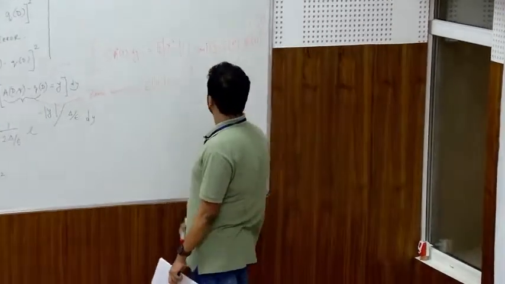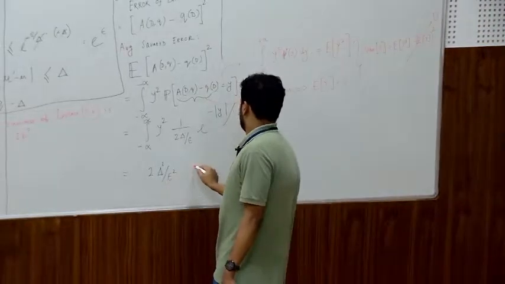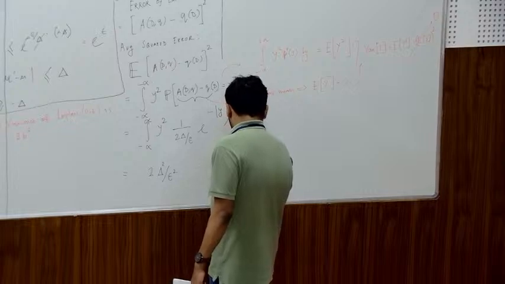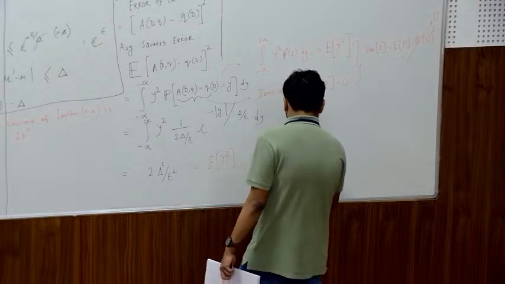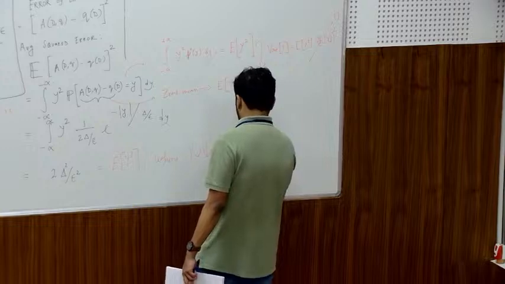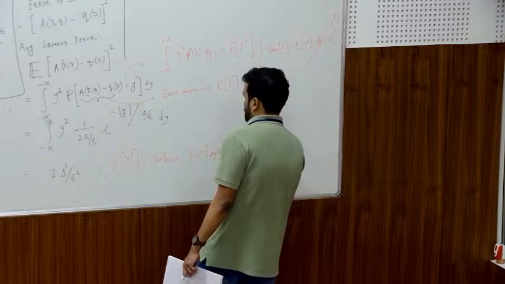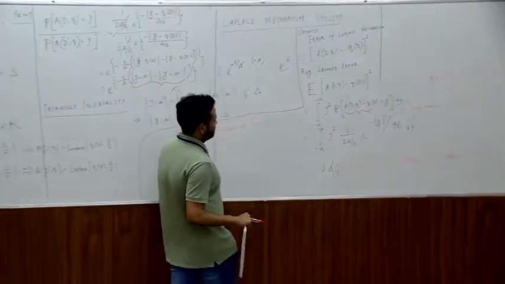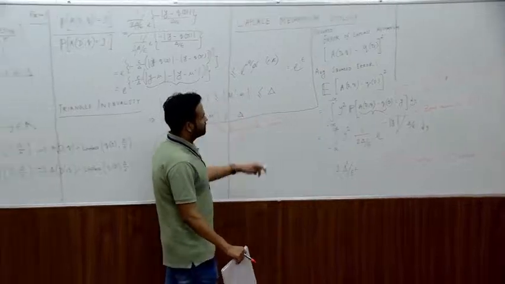So the variance of y is equal to the expected value of y square, which is exactly this, where y is distributed according to Laplace with mean 0 and scale delta by epsilon. And the fact is the variance of Laplace with mean 0 and scale b is 2b squared. So b is delta by epsilon, and we put it in and we get it. Okay, so this is the result of this.